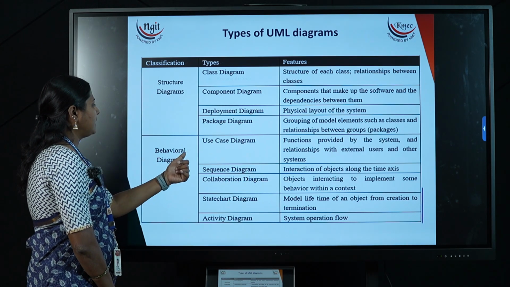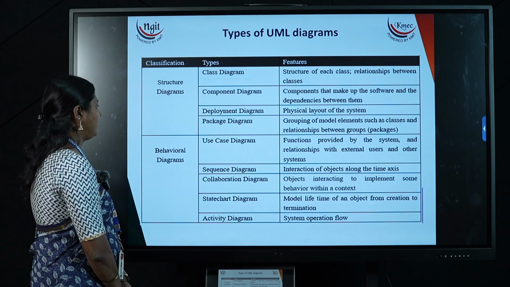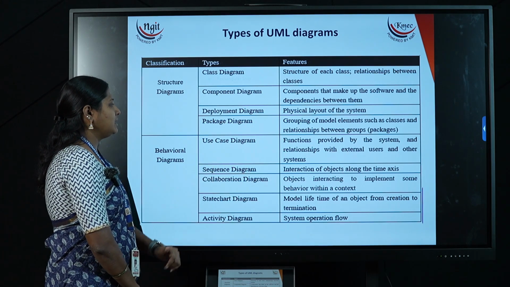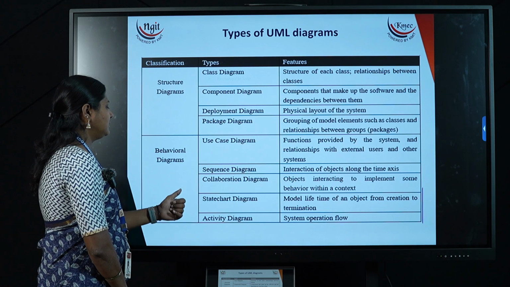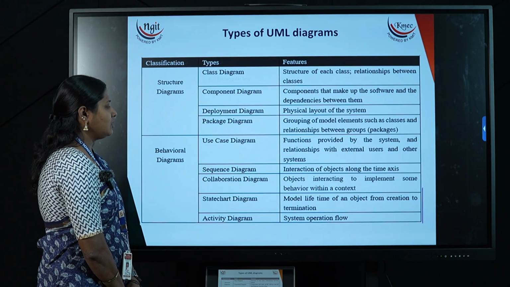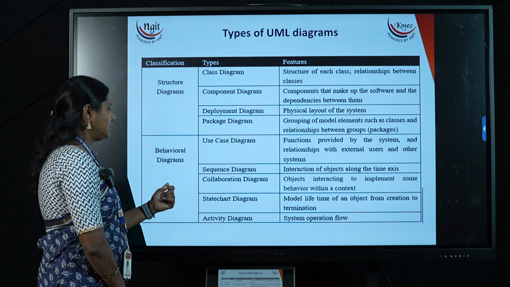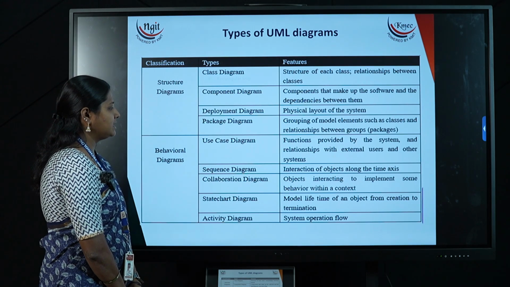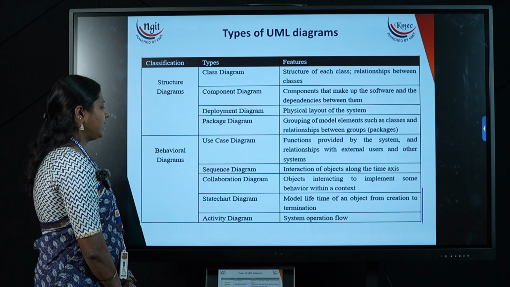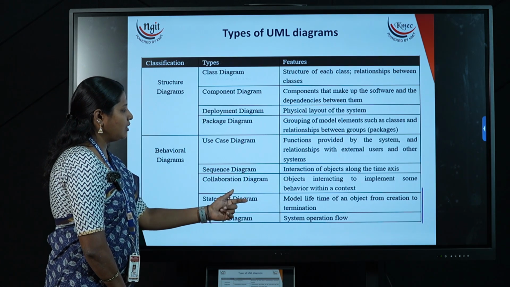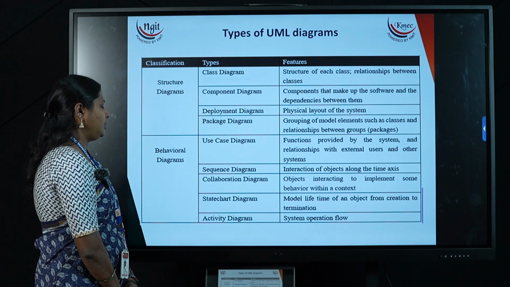Coming to the behavior diagrams, the use case diagram comes under them, showing functions provided by the system and relationships with external users and other systems. The sequence diagram shows the interaction of objects along the time axis. The collaboration diagram shows objects interacting to implement some behavior within a context. The state chart diagram models the lifetime of an object from creation to termination.